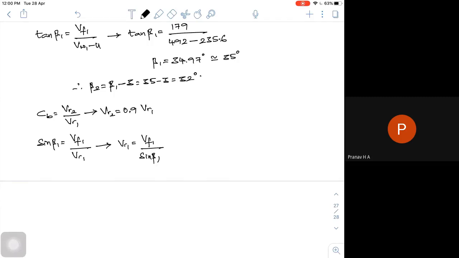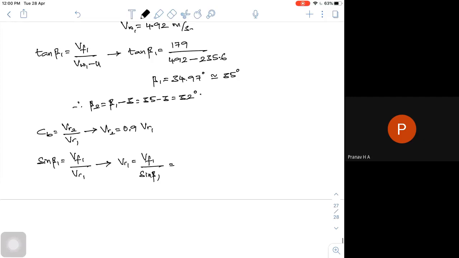What is sine beta 1? Beta 1 is 35. Already we got that number. So I can write Vf1, already we have the number, which is 179, divided by sine 35. If I substitute, I will get my VR1 is equal to 312 meters per second, and my VR2 is equal to 0.9 into 312. That will be 281 meters per second.